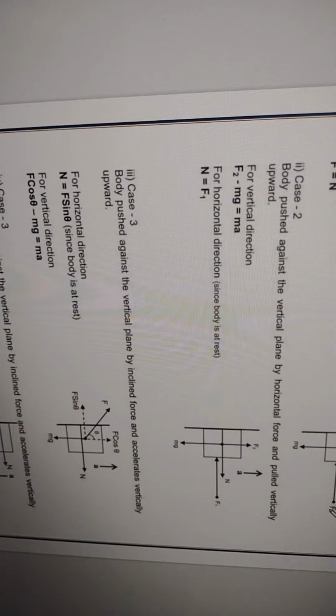This force is in this direction, so acceleration is in this direction. So mass into acceleration will be in the opposite direction, to move it down.